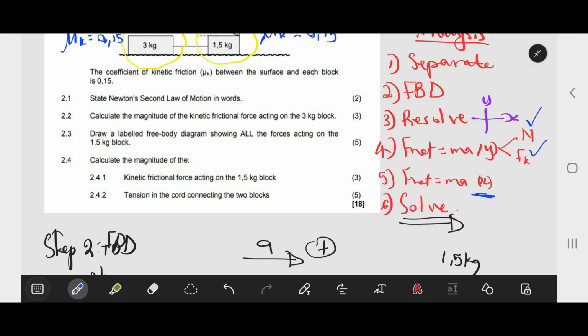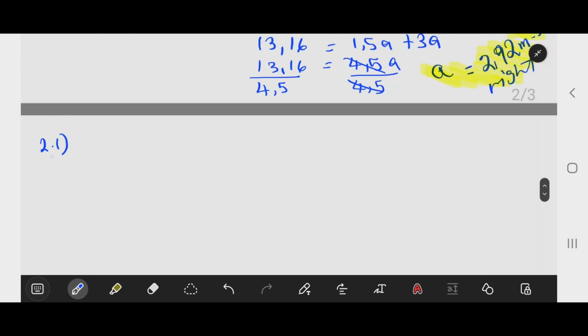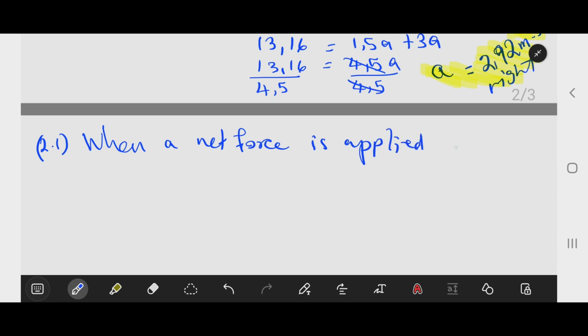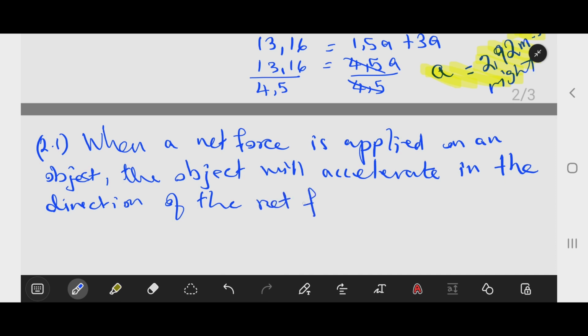So Newton's second law in words states that when a net force is applied on an object, the object will accelerate, and it will accelerate in the direction of the net force.